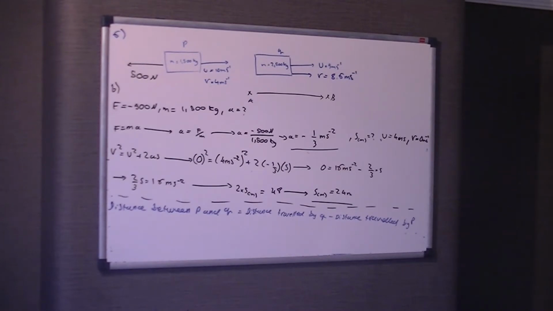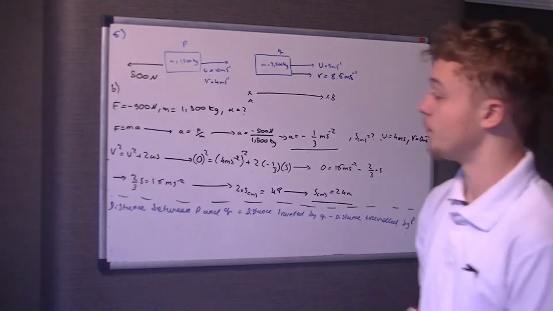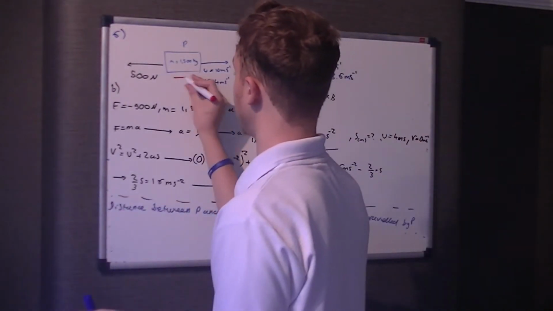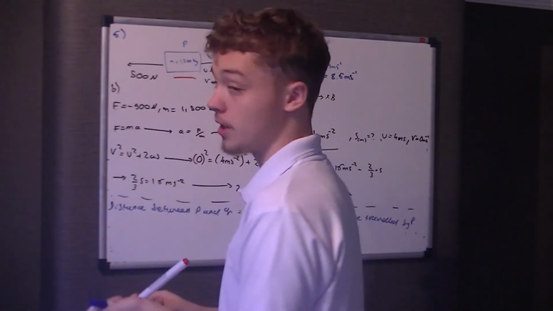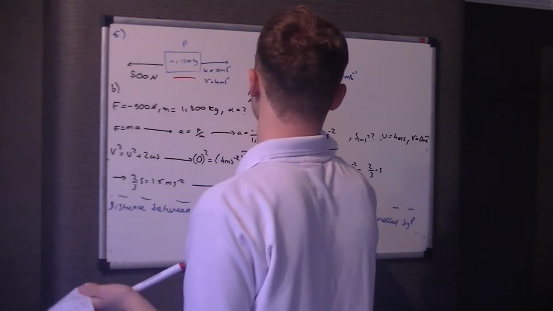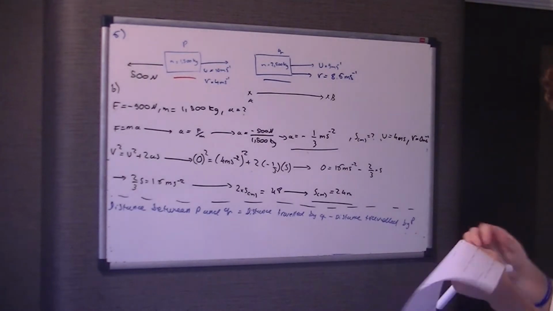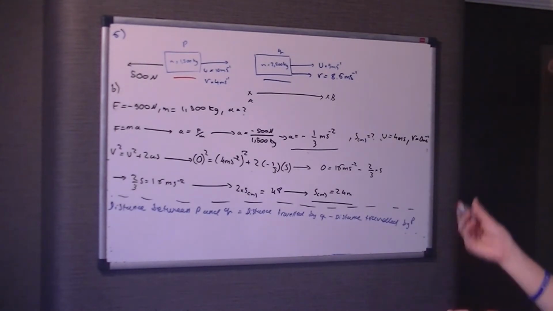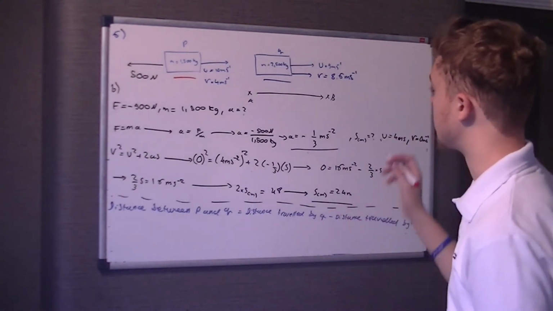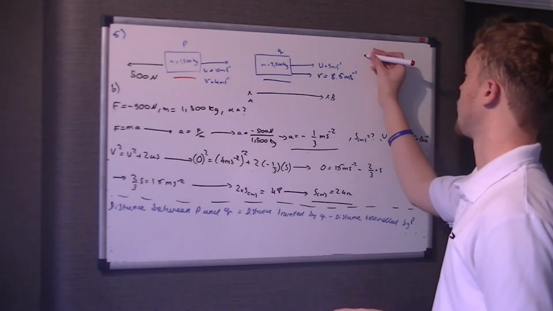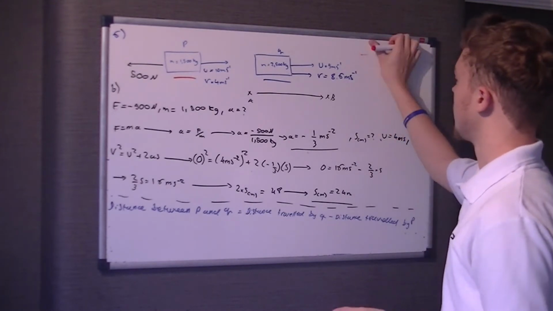What we're going to assume up here is, I'm going to denote P by a little red line, and Q I'm going to keep as a blue line. I'm not going to include the velocities of this, so just assume we're starting at the same point for both of them.